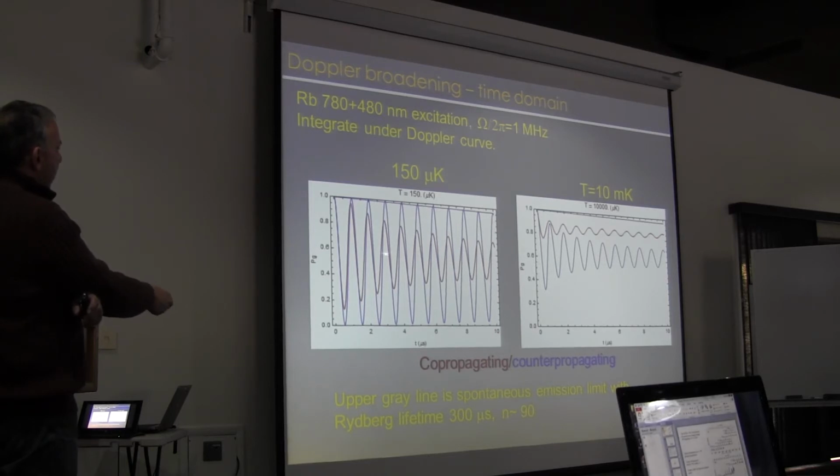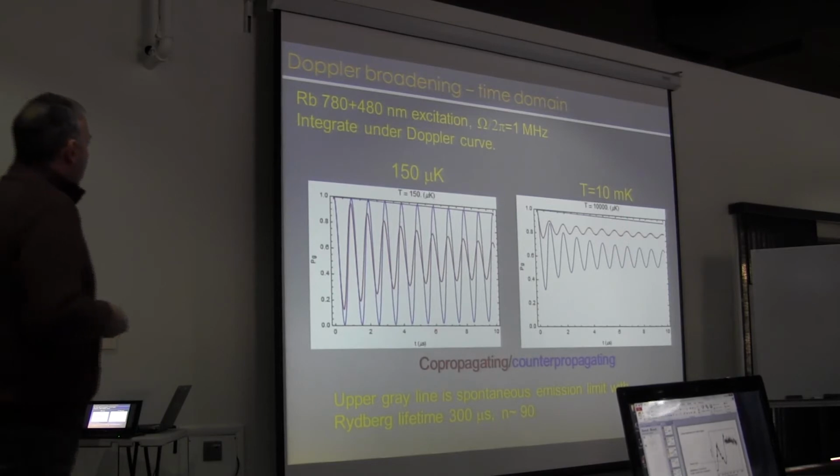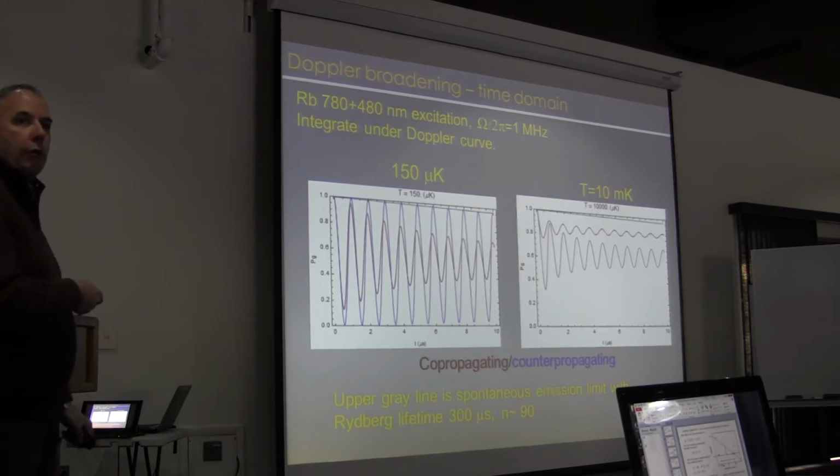For co-propagating beams, for these much hotter atoms, 10 millikelvin, I'm really not going to be able to get coherent excitation at these kinds of Rabi frequencies. Okay. And here you see, even for the cold atoms and the counterpropagating case, there's this line here going down. This is just the limit set by spontaneous emission from the Rydberg state.